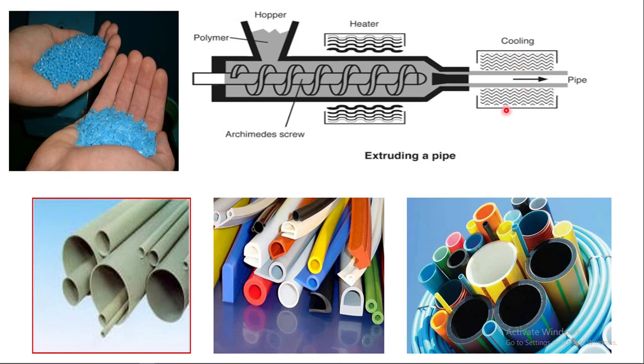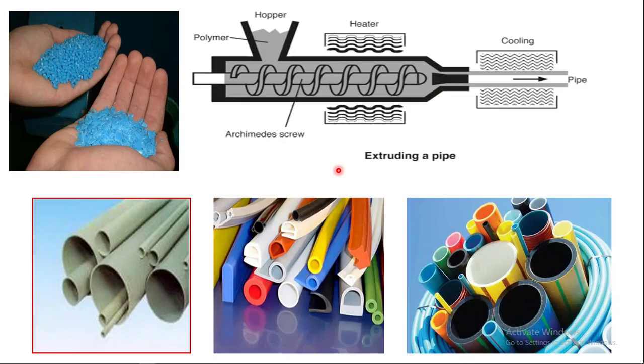Then the cooling process is done by air or water circulation or other liquid for cooling the output products. Pipes are produced through this profile, but their dimensions and thickness are not similar, so we should change the mold profile. If we change this profile, then we can get different shapes of products.